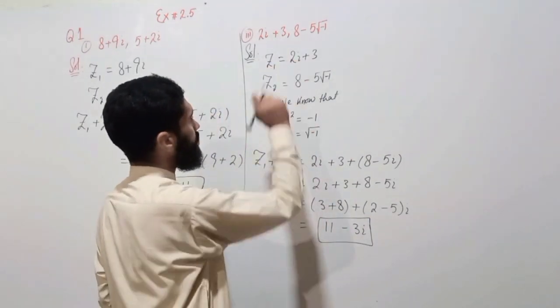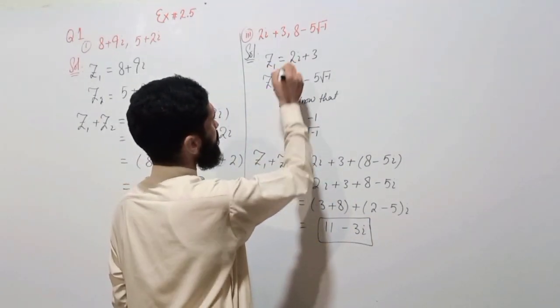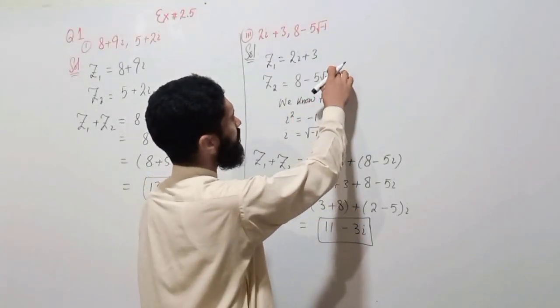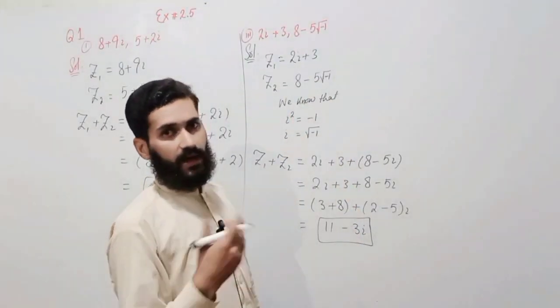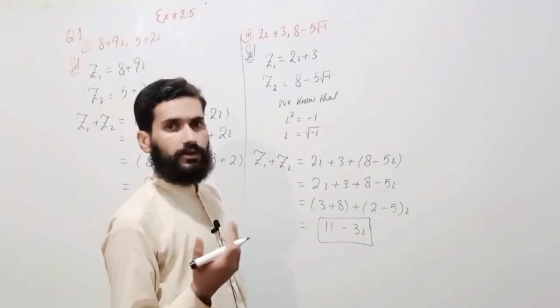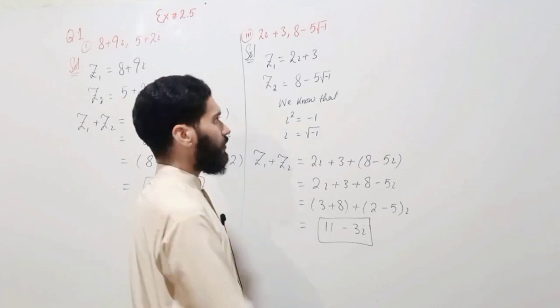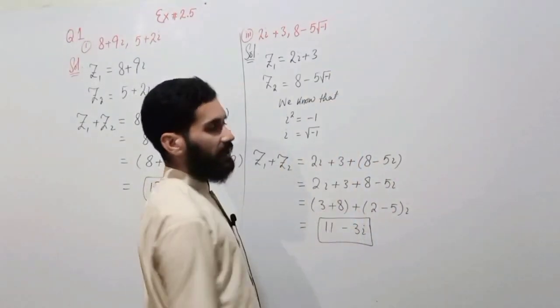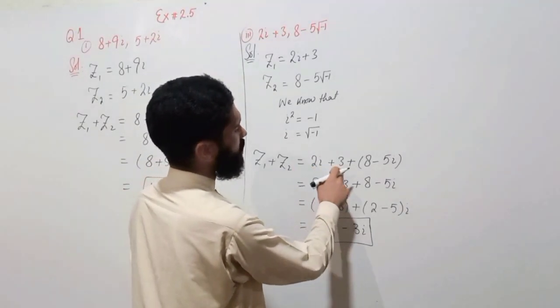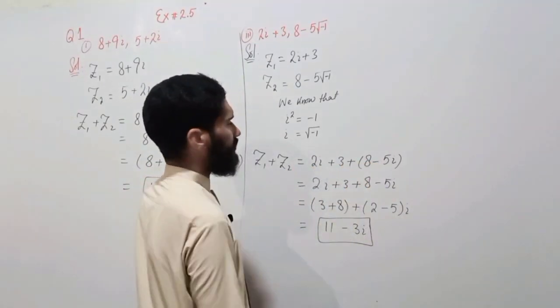Part 3. The first term we name z1 and the second term we name z2. We know that iota squared is negative 1 and iota is the square root of negative 1. So z1 plus z2 is equal to 2 iota plus 3 plus 8 minus 5 iota.